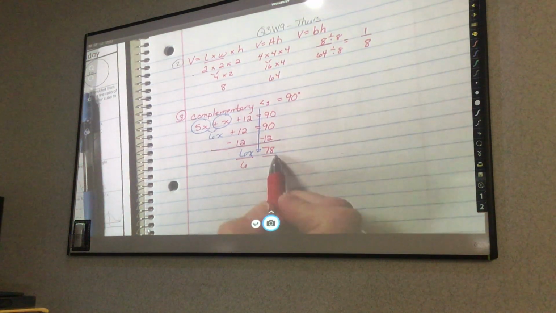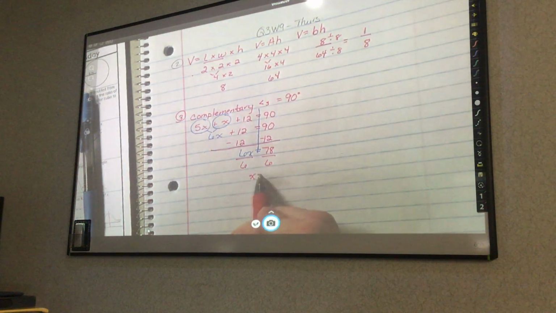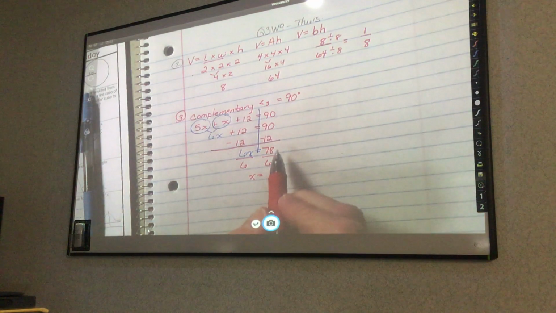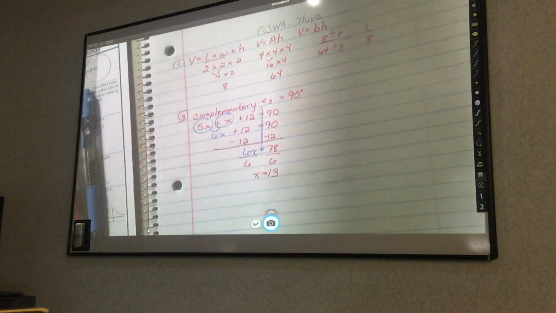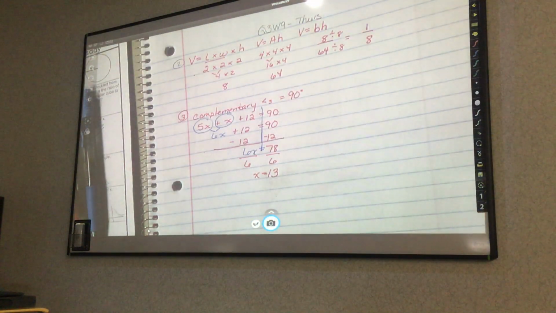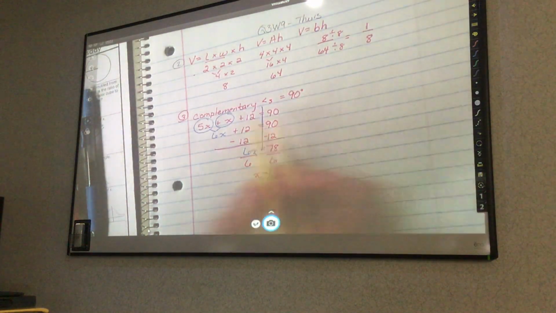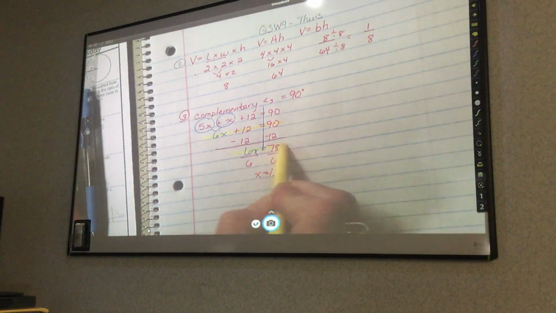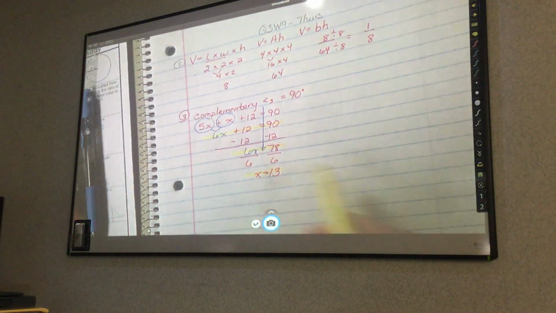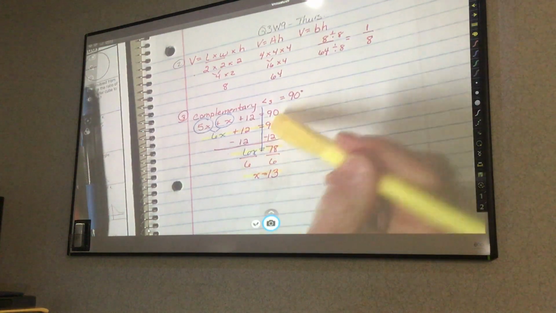Divide by 6, so x equals 13. So yesterday we were talking about how you can have multiple answers, like check all that apply. This could be one of them, right? This could be one of them, and this could be one of them. So those are your multiple answer choices.